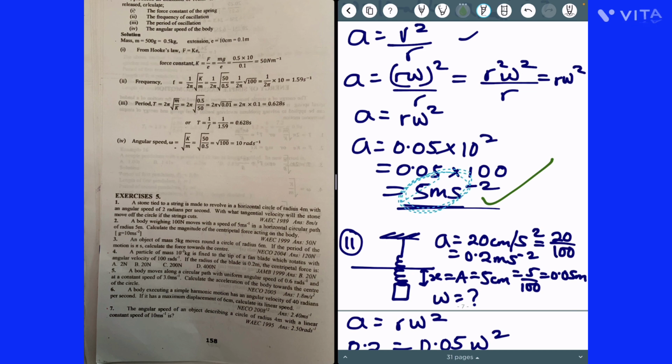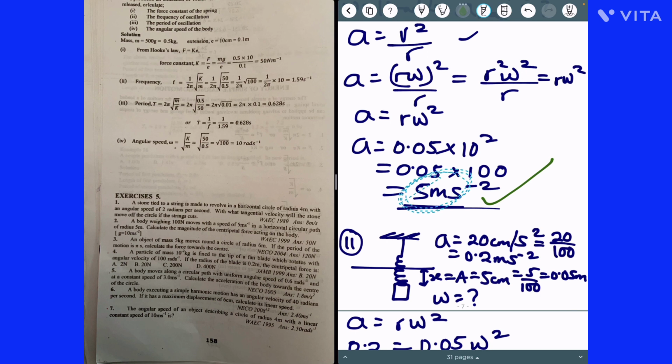So question 4 now. Question 4 says, a particle of mass 10 raised to the power minus 3 kg is fixed to the tip of a fan blade, which rotates with angular velocity 200 radians per second.